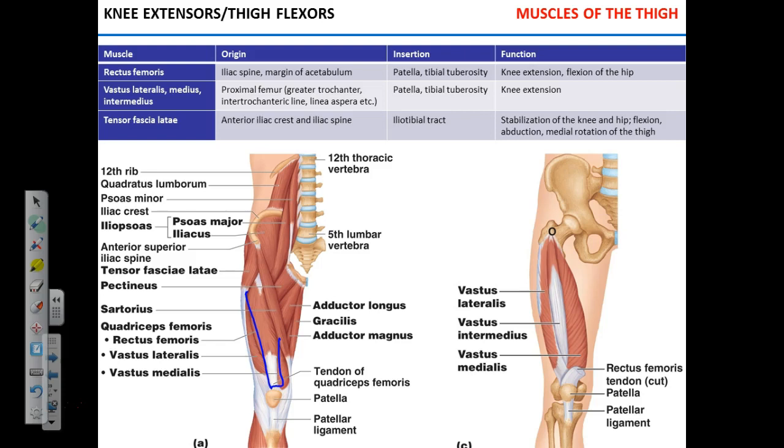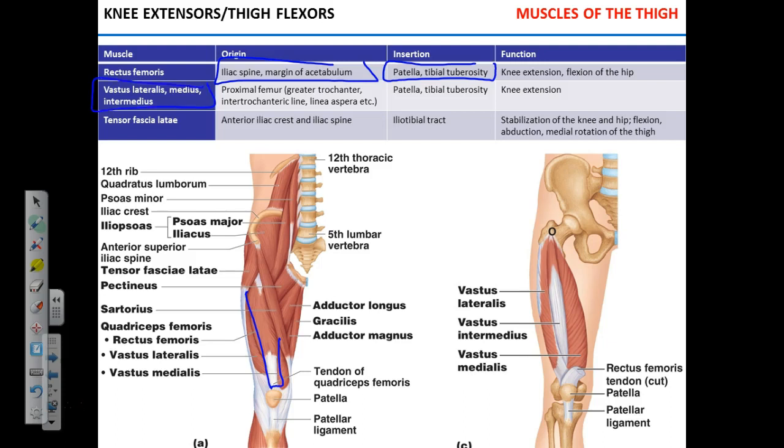Muscle number 11A. Rectus femoris has the origin in the pubic bones, and it inserts into the tibia. So that allows it to extend the knee when the thigh is stabilized, or flex the hip when the knee is stabilized.